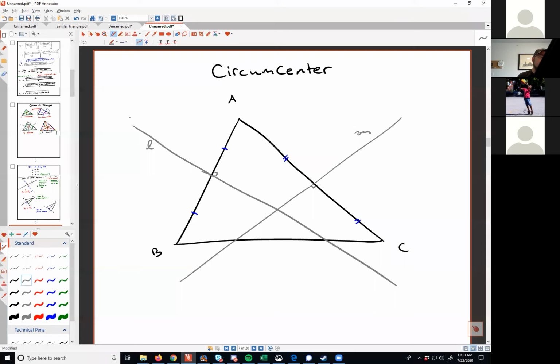So the points that are equidistant from B and C are also on a perpendicular bisector. But here's the thing. I want to understand why this third perpendicular bisector does or does not go through this point. I'm going to go ahead and label this point O. That's where L and M meet.